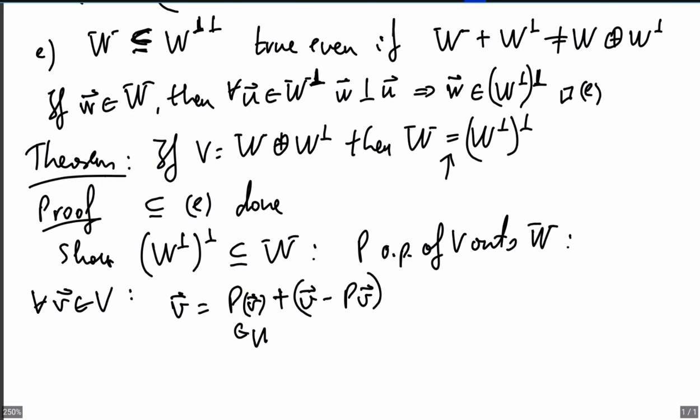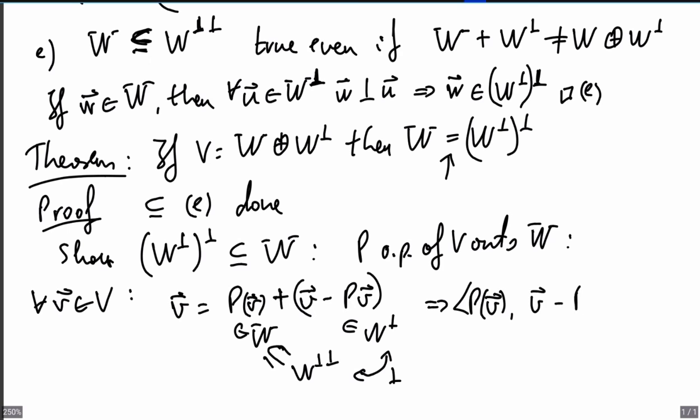Pv is in W space, v minus Pv is in W perp space, but then according to E, Pv is in W perp perp, which means that these two vectors are perpendicular, or in other words, we have that the inner product of Pv with v minus Pv is 0.